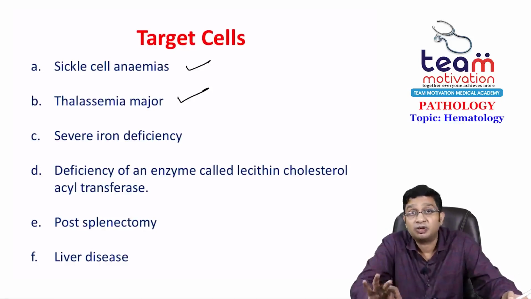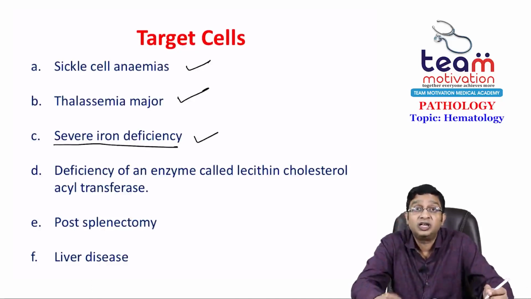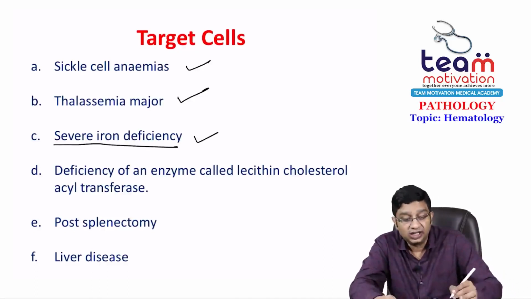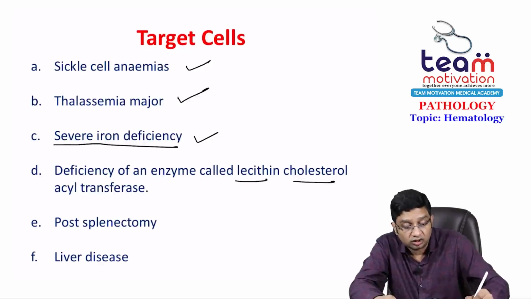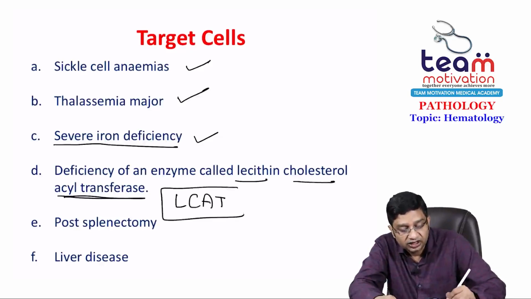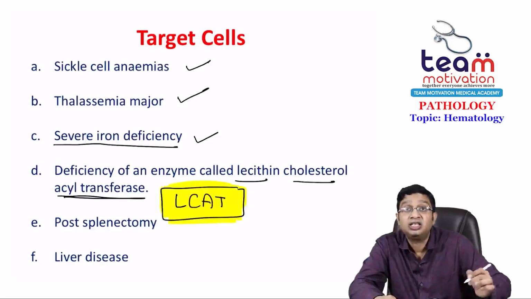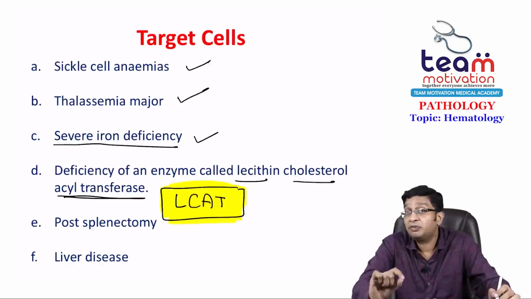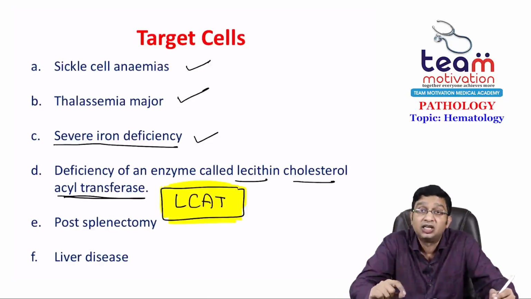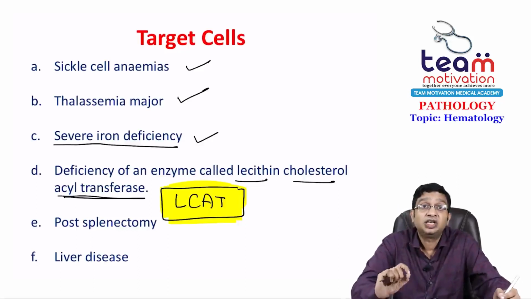Apart from this, you should also remember they can be seen in iron deficiency anemia, but severe iron deficiency, and in the deficiency of the enzyme lecithin cholesterol acyl transferase, LCAT. So bare minimum, remember two things, sickle cell anemia and thalassemia major. And please remember they appear as nucleated, but they are not nucleated RBCs. It is due to the redistribution of hemoglobin.